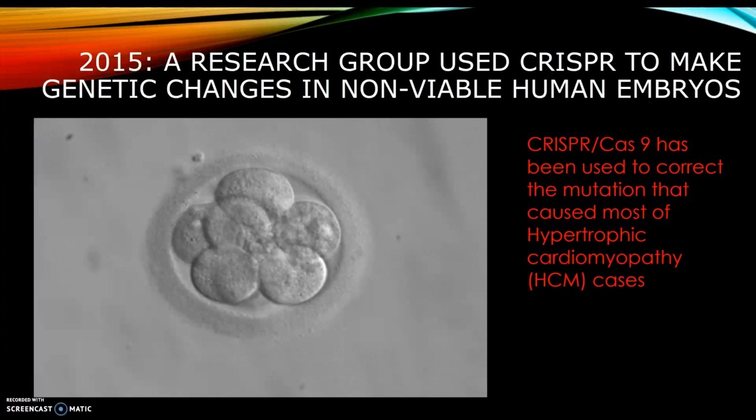They used non-viable embryos that could not have developed into fetuses, but because a genetic change made at an early stage in an embryo could affect the cells of the future individual, including the germ cells, this form of germline genetic modification has led to a discussion and debate worldwide about whether germline editing in humans is appropriate and whether or how society should proceed with research and possible application. So this was to work on hypertrophic cardiomyopathy cases, but pretty cool stuff.